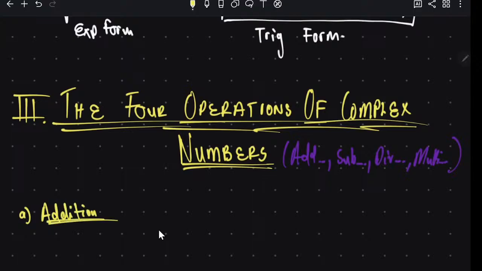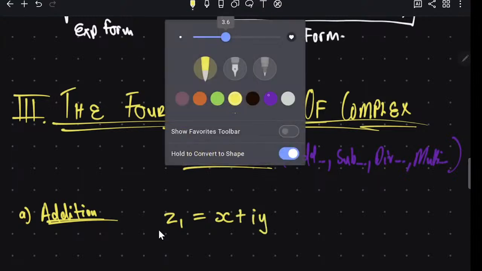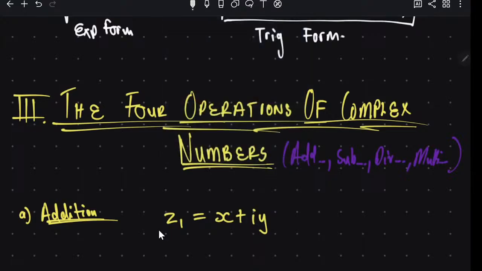Let's say you have Z1 equal to X plus IY, then you have Z2 equal to A plus IB, or BI, it doesn't matter.